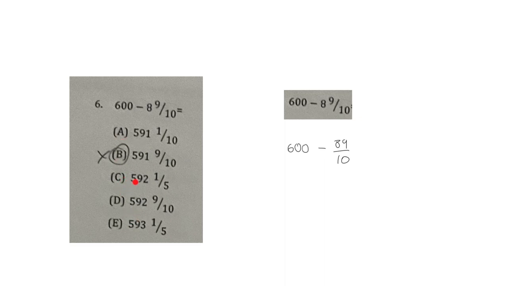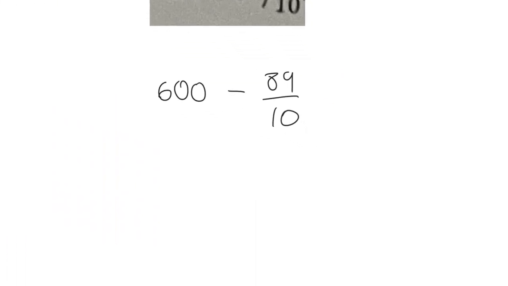Now, they want to know what this is, and one of these, of course, is going to be the answer. So this doesn't look anything like that. So we have to kind of go on a mission to turn this into that. So how can we do that? Well, one way of doing it is you could literally turn this into a fraction that also has a denominator of 10. And that, of course, would be a matter of multiplying the top and bottom by 10.